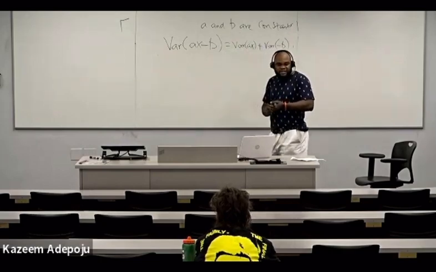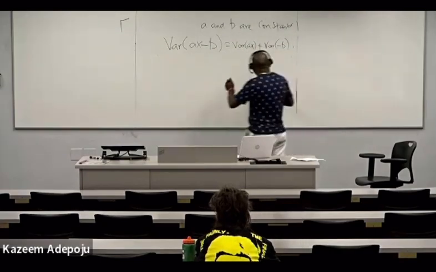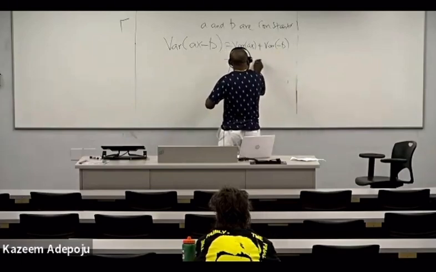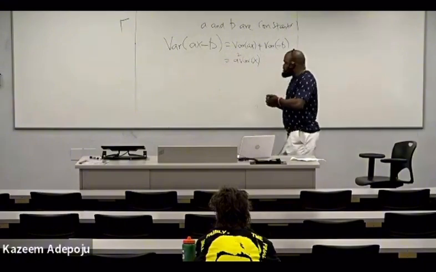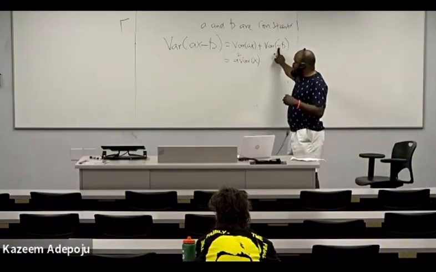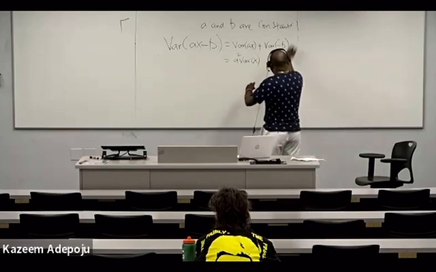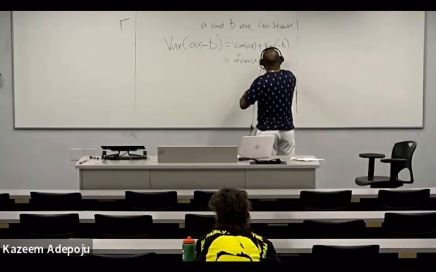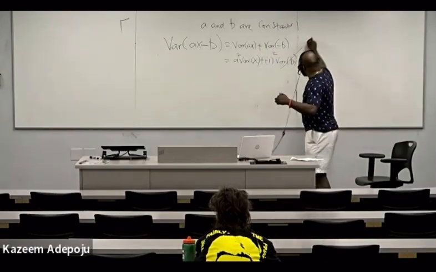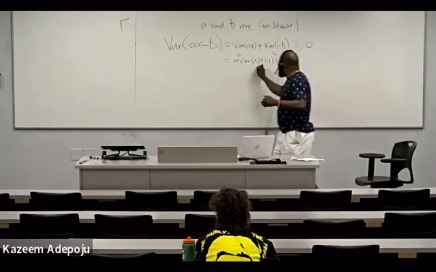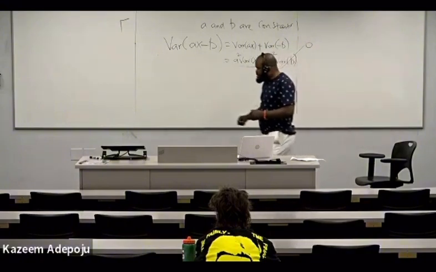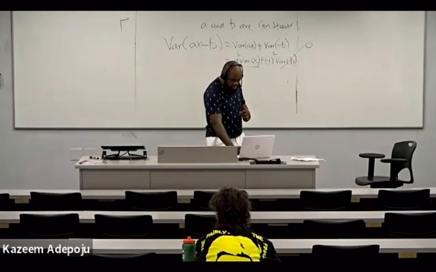Take a look at that. Now here, a squared variance of x. There's a minus 1 here, right? If the minus 1 comes out, minus 1 squared variance of b, but the variance of a constant is 0, then I'm still going to have a squared variance of x. Does that make sense? So just to be able to show you all of that.